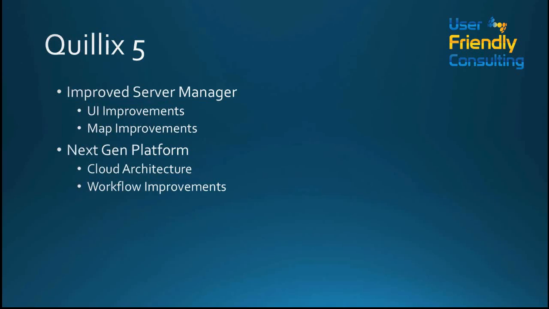So there's a lot of things that we've done under the covers to take us and our customers into the next 10 years down the road in capture processing, including an architecture that fully supports the cloud and numerous workflow improvements that we plan to leverage in the next several major releases of the product.